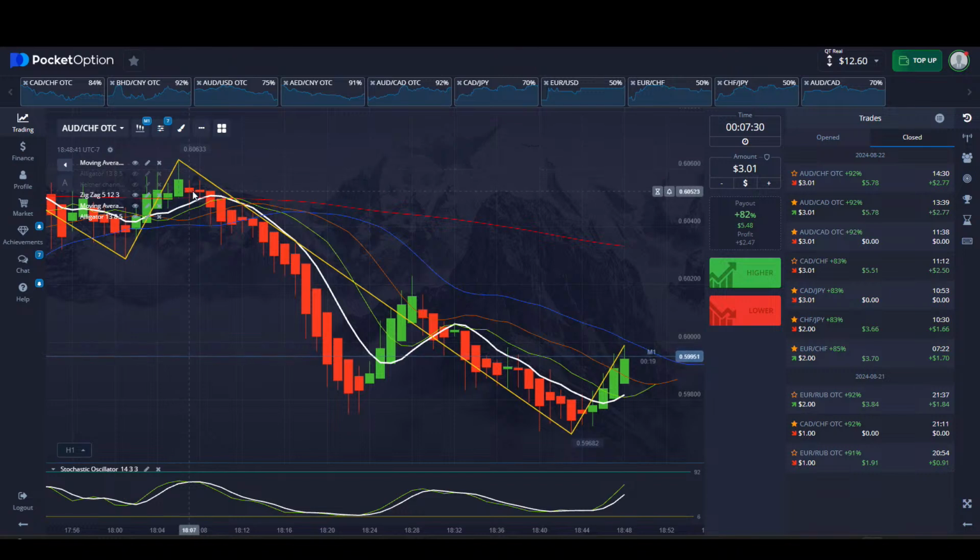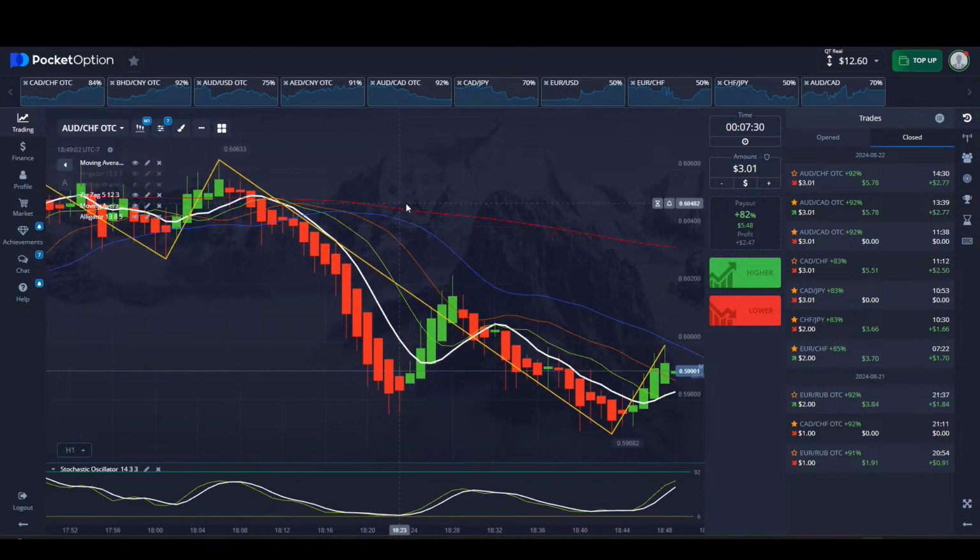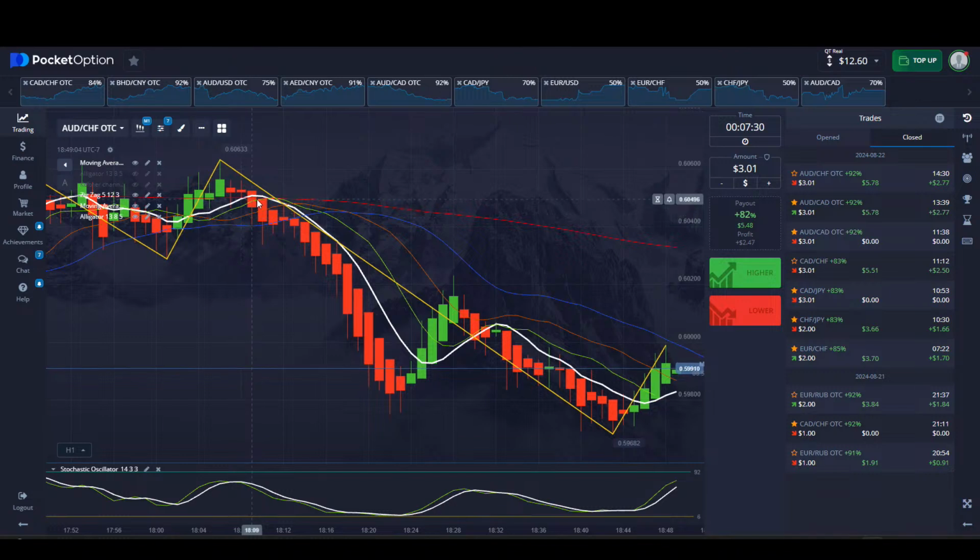Okay. And then we had a couple of dojis. Now here's something else that I look for personally: if it's a rejection or we're going in a downward trend, I want to make sure that I have flat tops. I want to see at least 2 to 3 flat tops as another area of confluence to prove the direction of the trend.